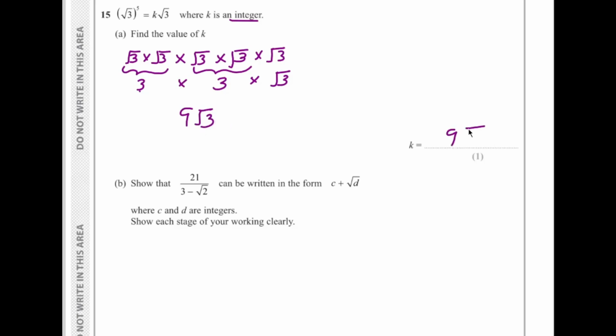You can use the calculator if you are not sure. Individually apply it like this: root 3 multiply root 3, multiply, likewise. If you put it as it is into the calculator, it will give you a decimal one, which is not what you want, because in this paper you are asked to get k as an integer.